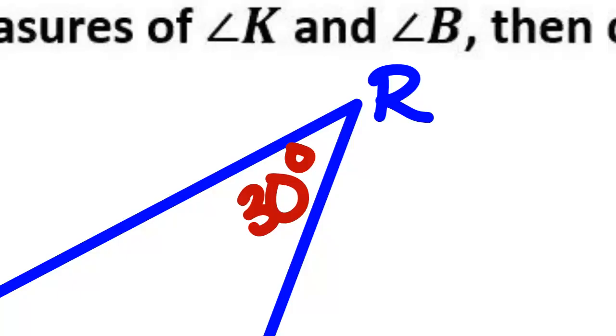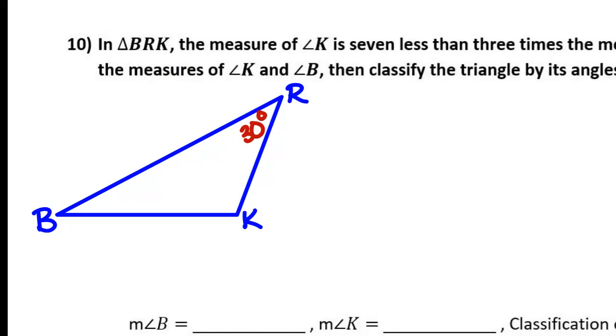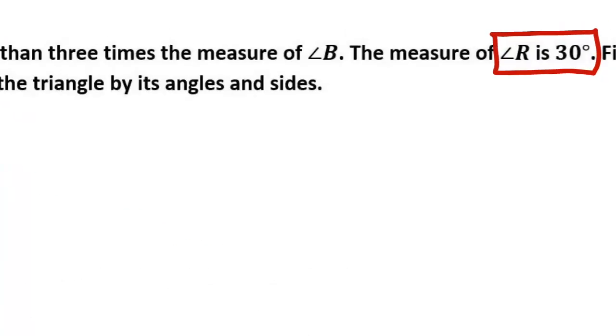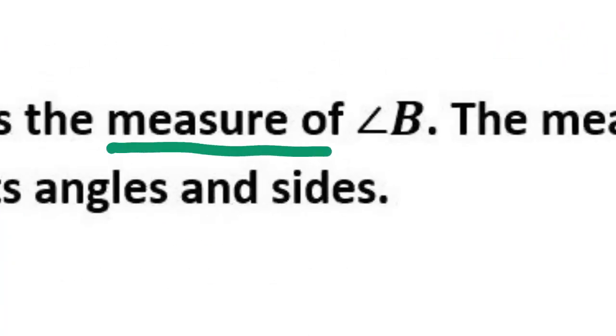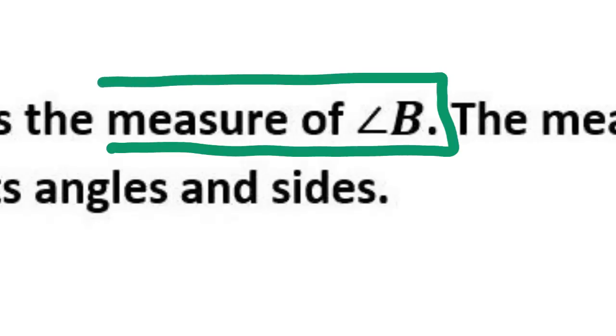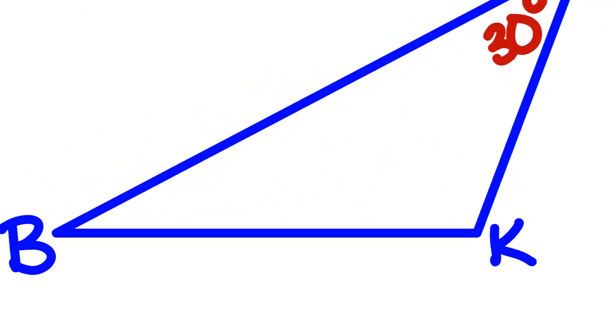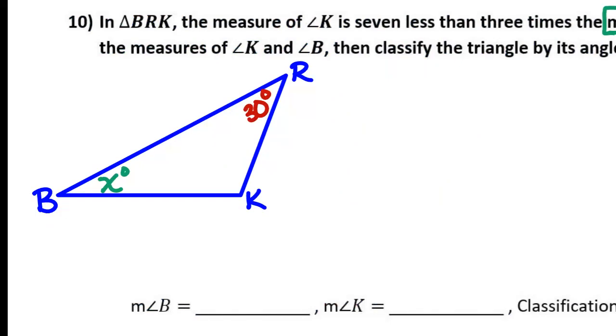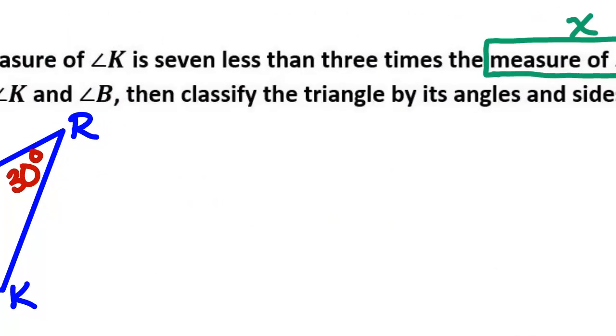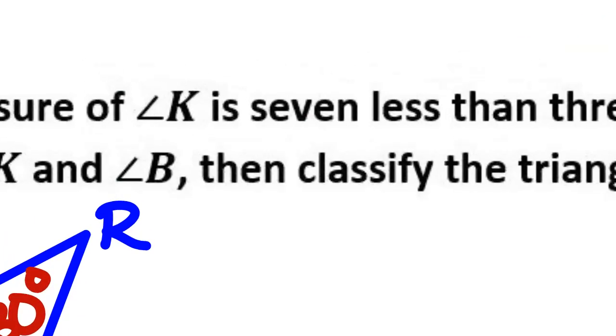K is 7 less than 3 times the measure of angle B. Do we know how big angle B is? No. So what could we call it? X. We're going to call angle B X. And then it says K is 7 less than 3 times that.